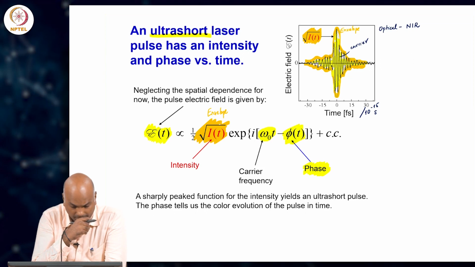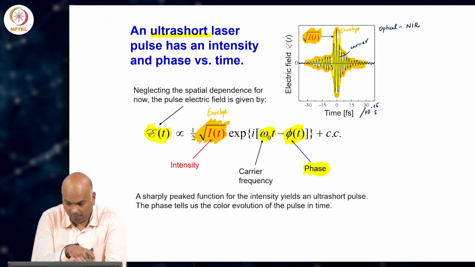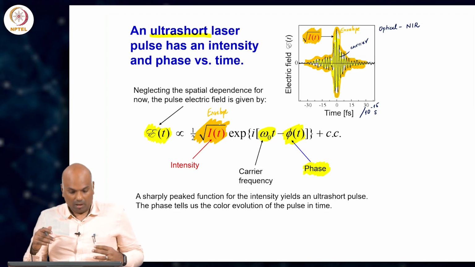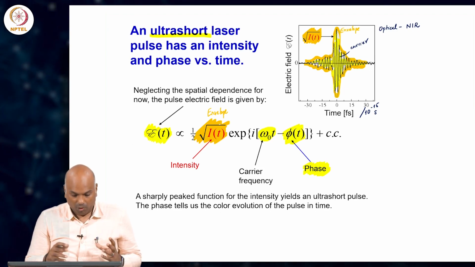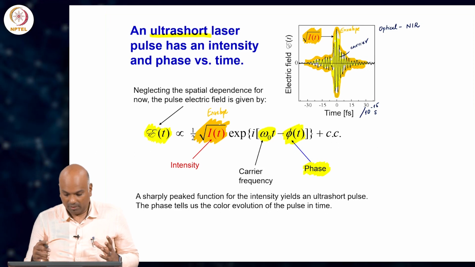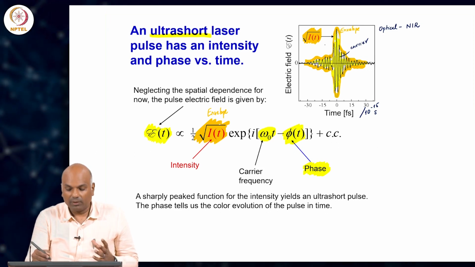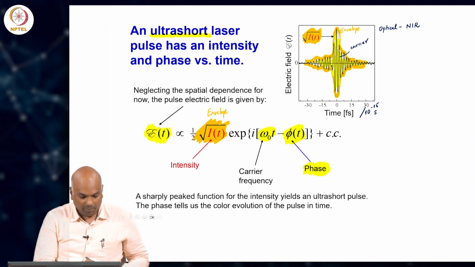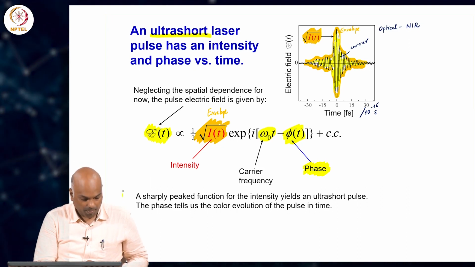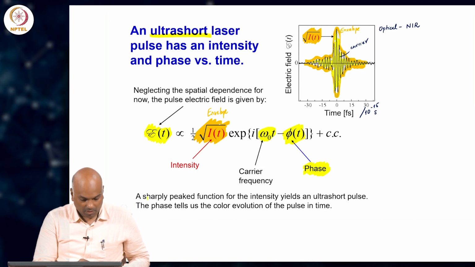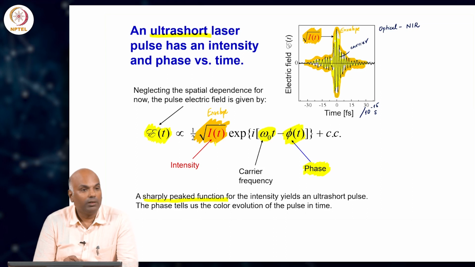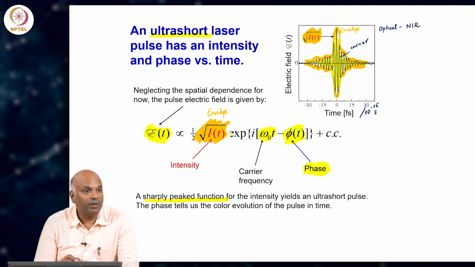Now, we have the envelope, we have the carrier, we have the whole electric field. What this tells us is that the maximum and thereabouts of the field are sharply peaked in time. The fact that a pulse is sharply peaked in time is captured by the envelope which we have written as square root of I t.